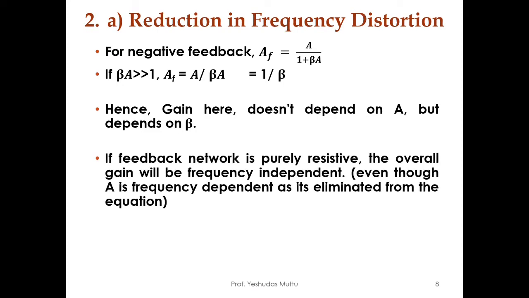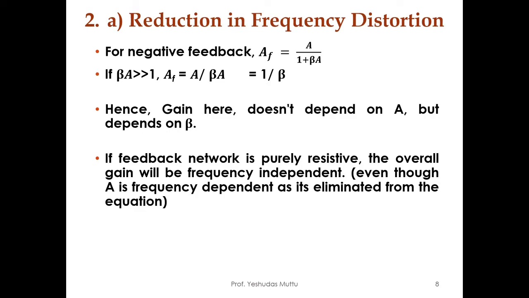If you all remember, while explaining the feedback concept, I had explained the block diagram, and in the block diagram I had mentioned the feedback network. It's a two-port network which can be built using R, L and C, specifically using R. This is what I had mentioned to you all. You can go and check the previous videos also. Now, if your feedback network itself is purely resistive, which means L and C are not there.